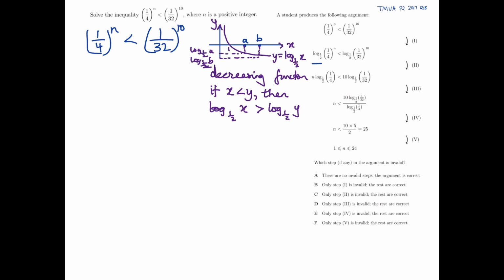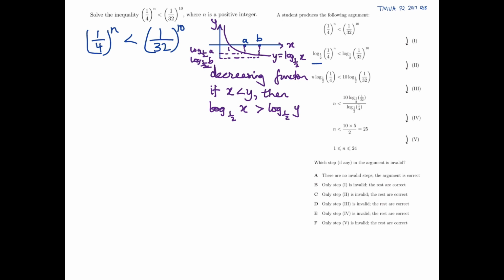So here, you can see that B is greater than A. However, log base half of B is smaller than log base half of A. Therefore, the inequality sign should reverse when we take log base half of both sides.